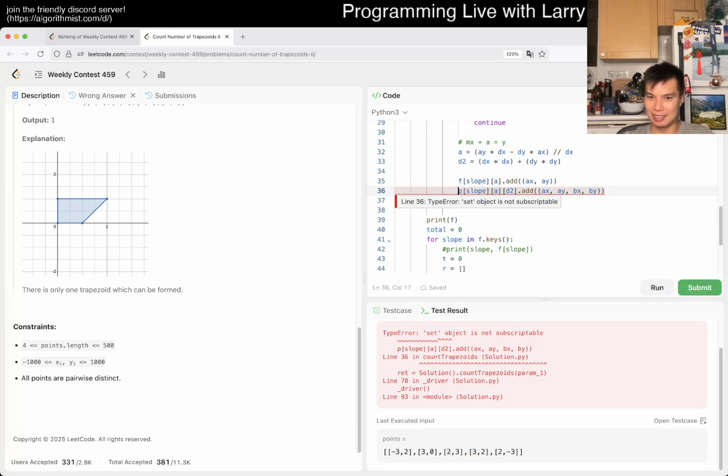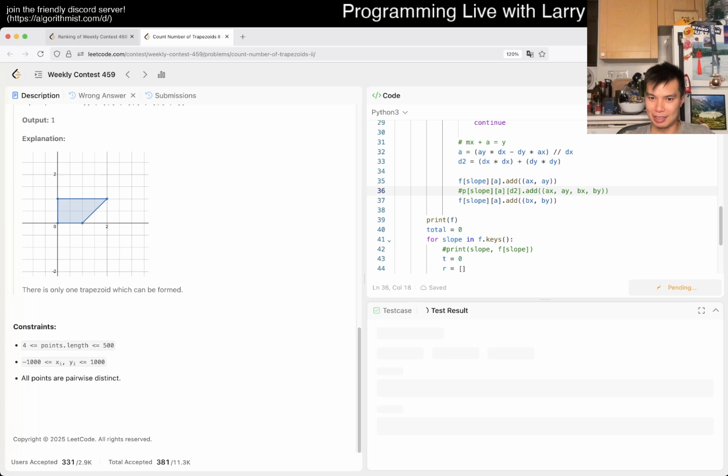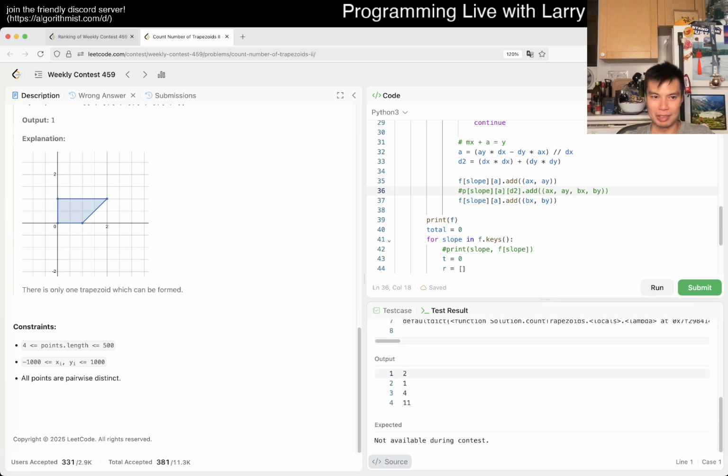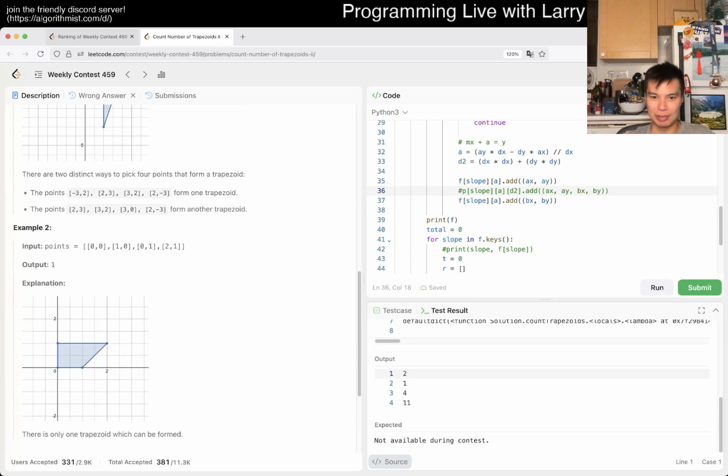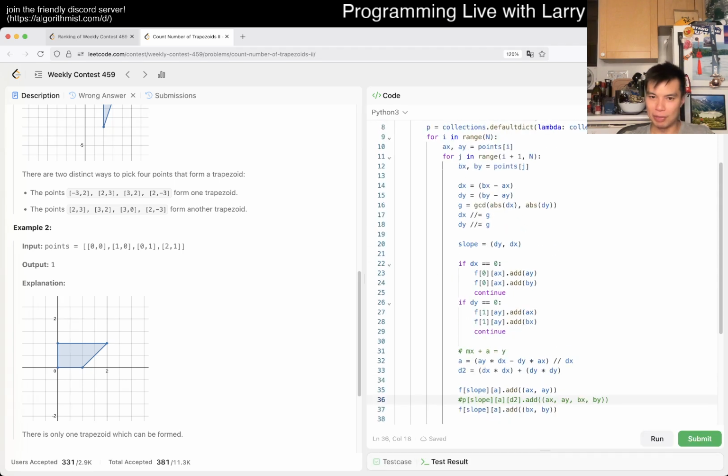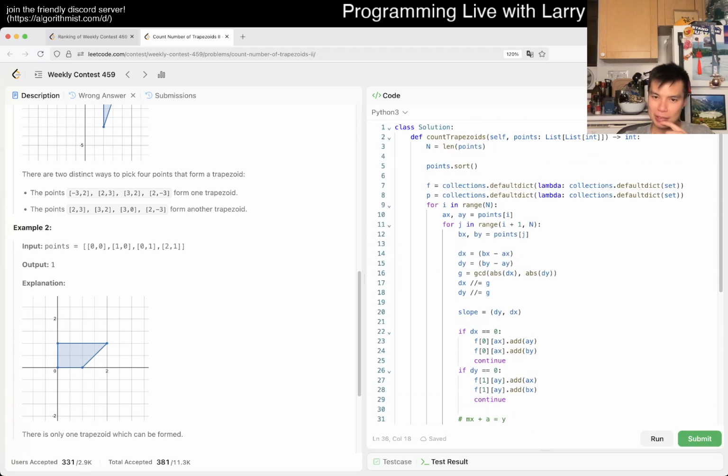Let me run it real quick. I think this is still right? 2, 1, I think that one was 4 because there was 2 and 11. Okay. I mean, right as it was before. Sorting makes it so that dx is always positive, dy can be negative or whatever, but so then everything is on. Okay, so that's just the same thing we wanted to do anyway. They cannot both. Well, dx has to be positive or 0.